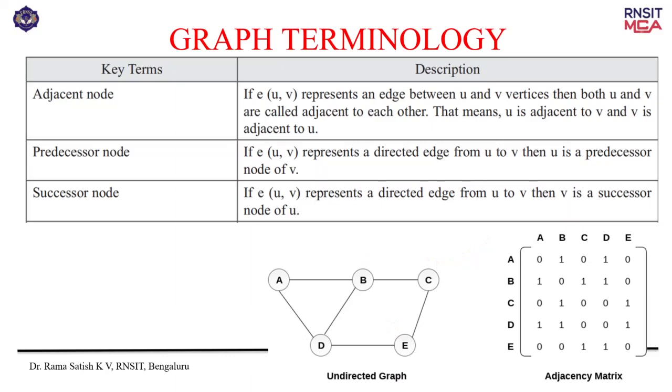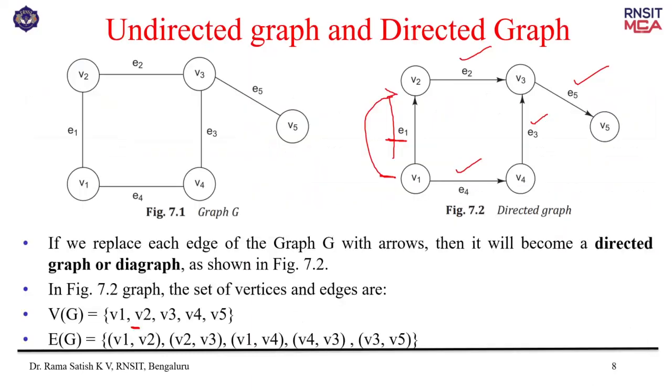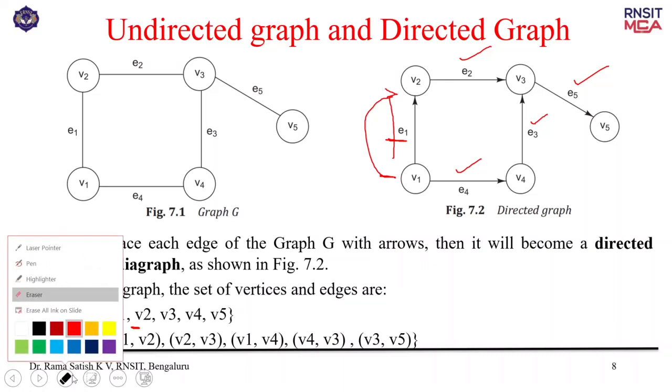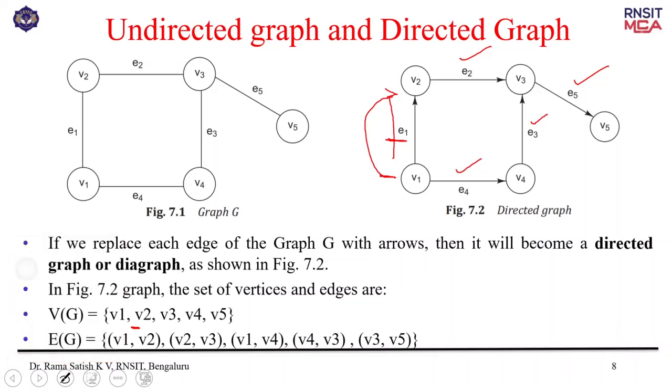Okay, next, in a directed graph, predecessor is nothing but, look at the previous example. The edge is going from V1 to V2. So V1 is a predecessor, and V2 is a successor.